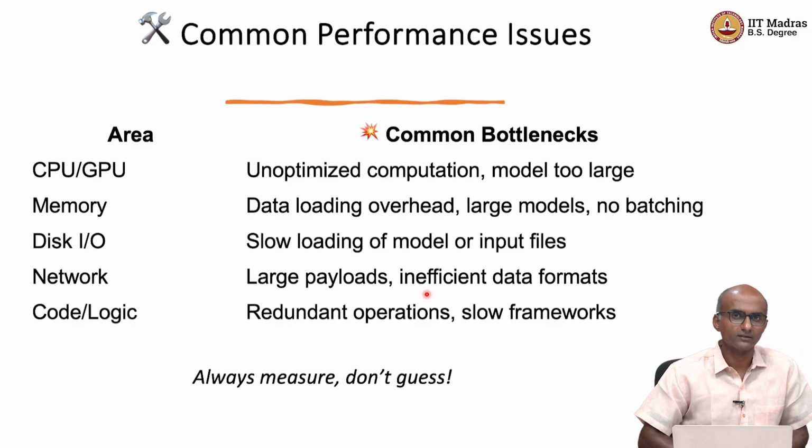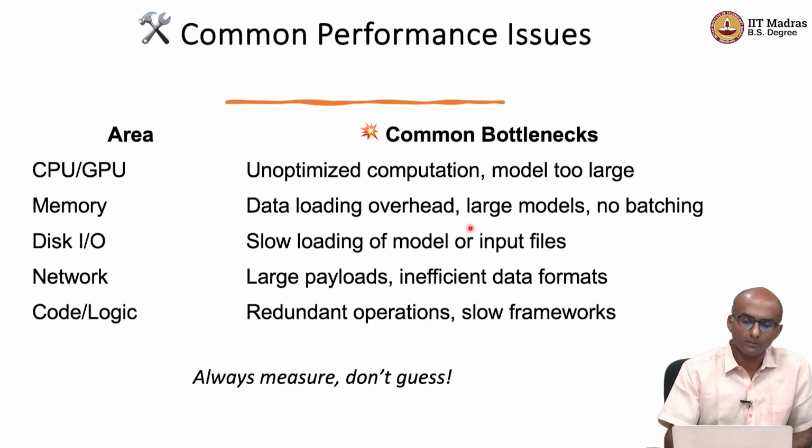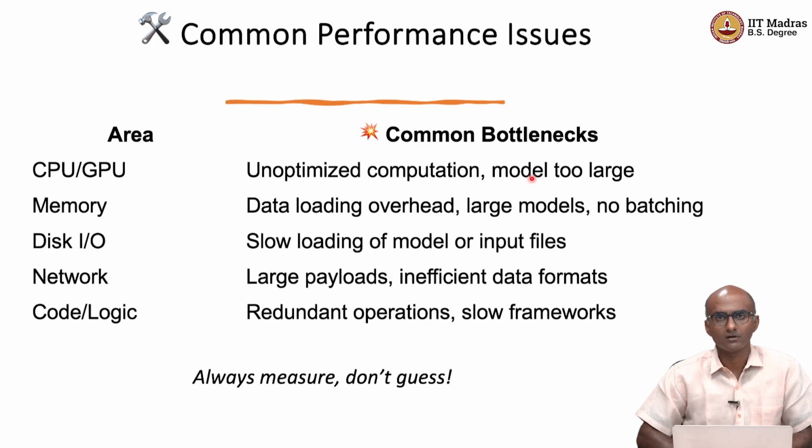So let's say, for instance, the CPU or the GPU is the bottleneck in a specific execution. Then the root cause of the bottleneck could be because the computation itself is not optimized. Either it's a very slow matrix operation when you can actually make it much faster by using some pruning techniques, for instance, or the model itself is too large for the available resource.